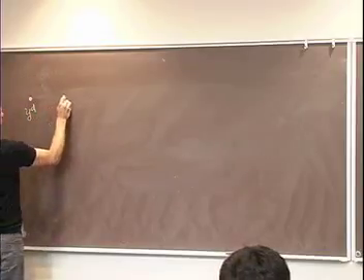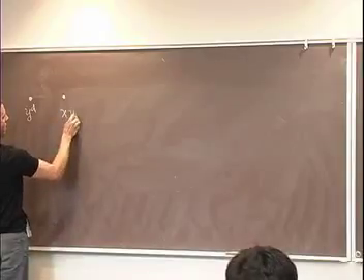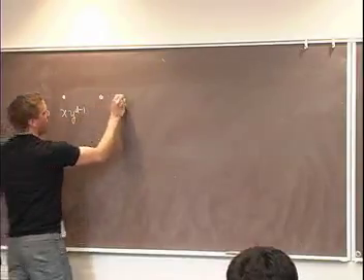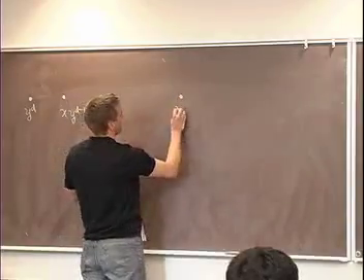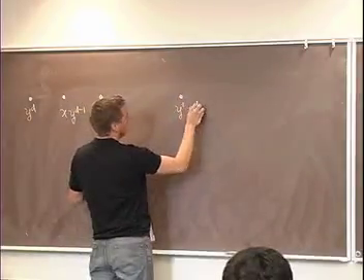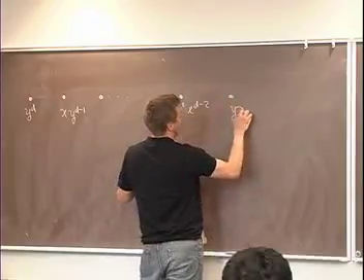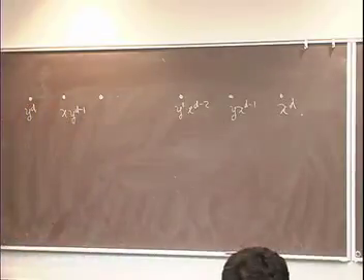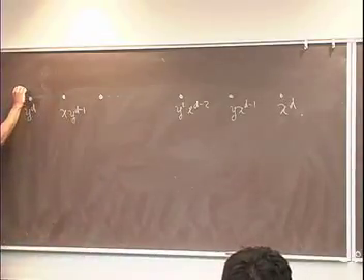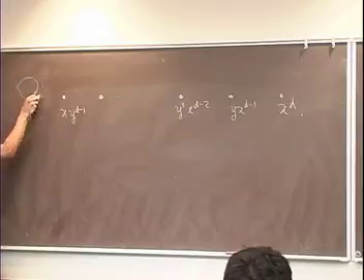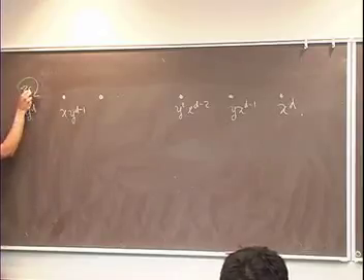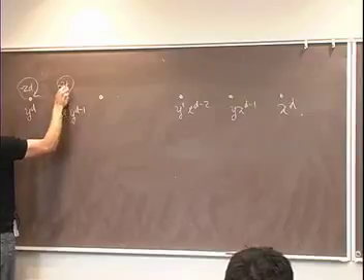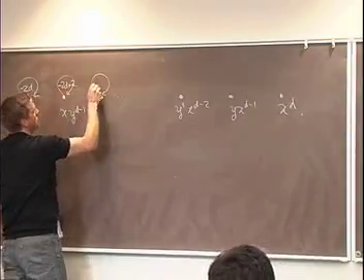Okay, so H acts here by minus 2d, here by minus 2d plus 2, minus 2d plus 4.